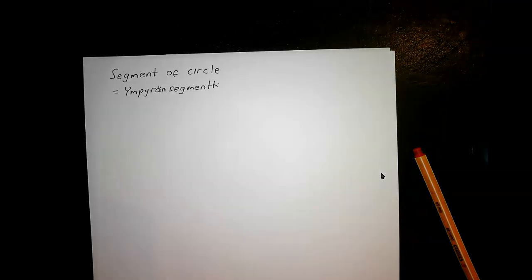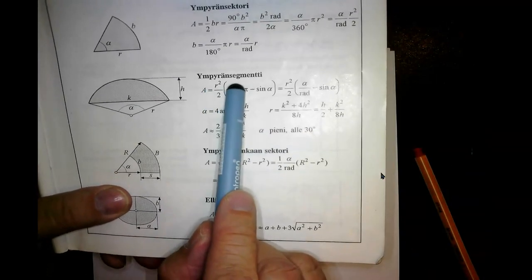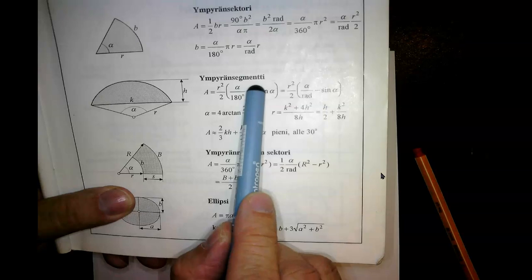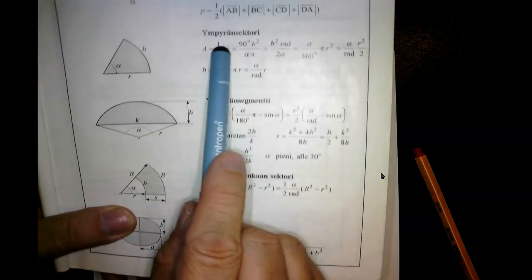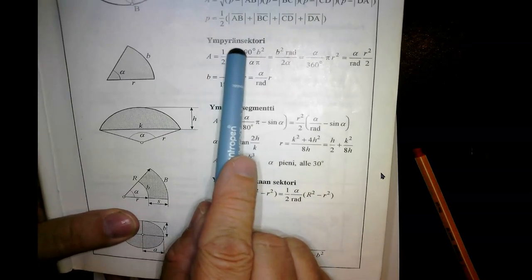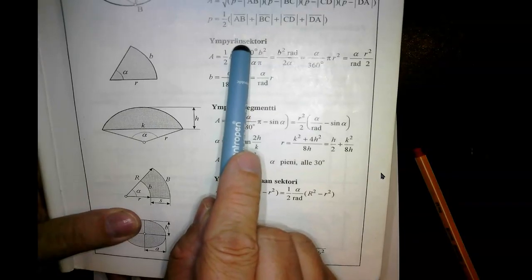Actually, in this book of formulas, this Finnish book here, it is written together, ympyrän segmentti, as there it was written ympyrän sektori without space there.